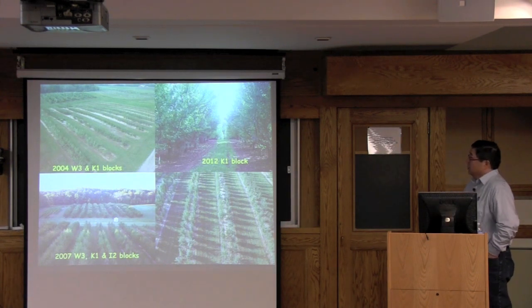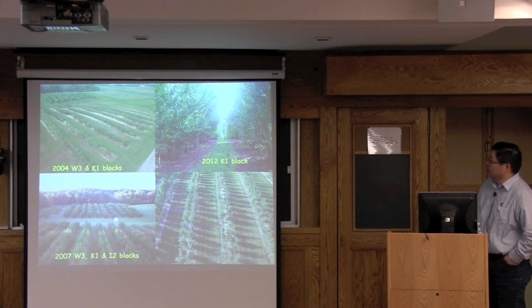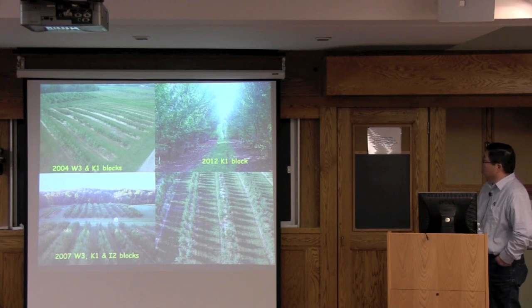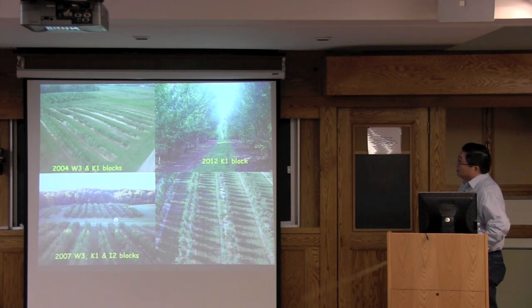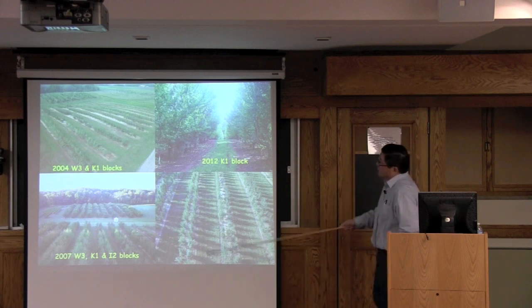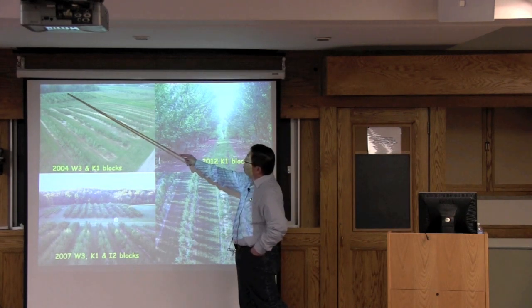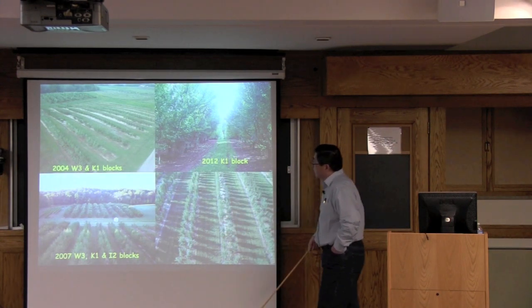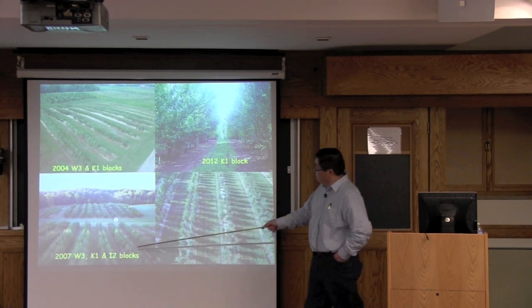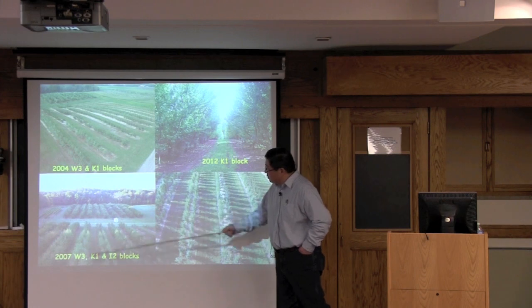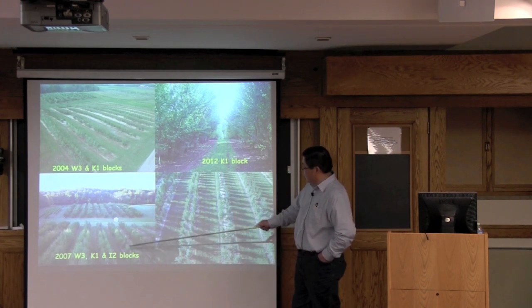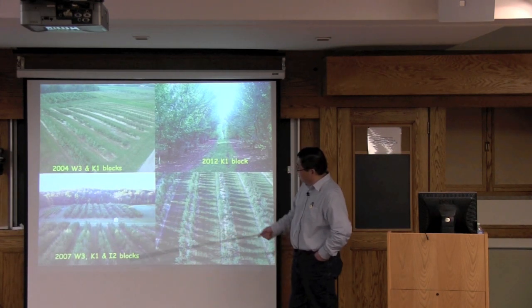Here I'll show you some pictures from the Malus sieversii wild species collection. This is a picture from 2004, of both the W3 block and the K1 block over here. Here is a similar view in 2007, 3 years later. This is a Malus sieversii, a different species.